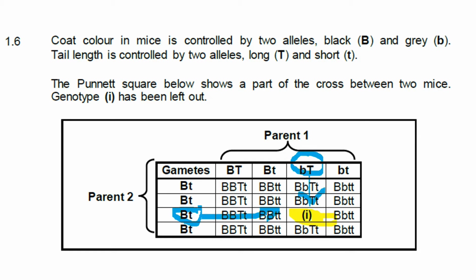It is important to remember that we always put the alleles in alphabetical order, and we always place the capital letters first. So we've got B's and T's. B is before T in the alphabet, and we've got a capital B and a small b. So we're going to have the capital B first, then the small b, and then we'll put the capital T second, and then the small t.